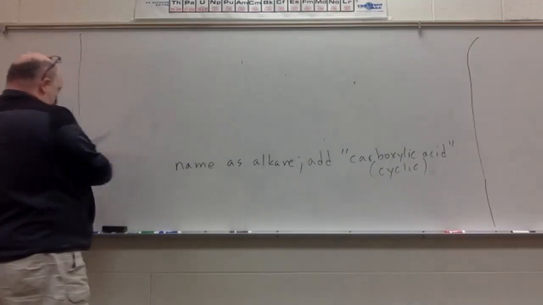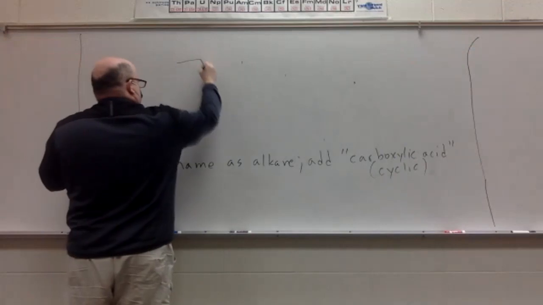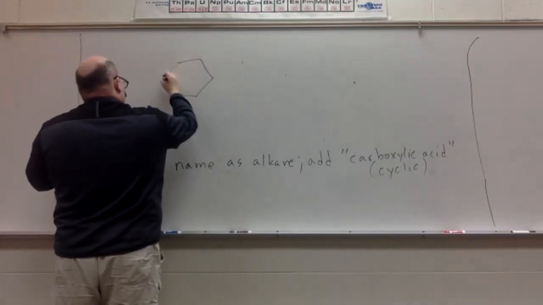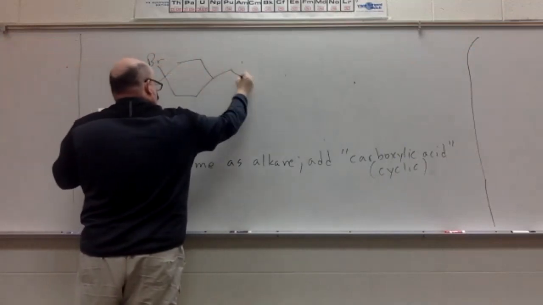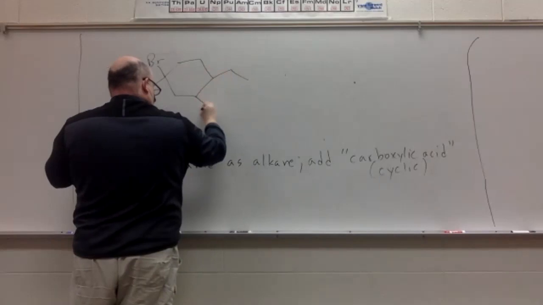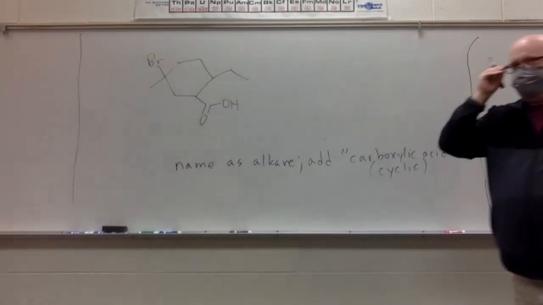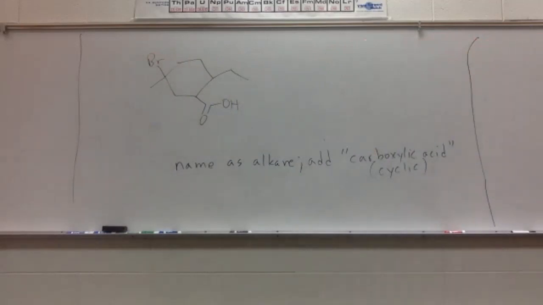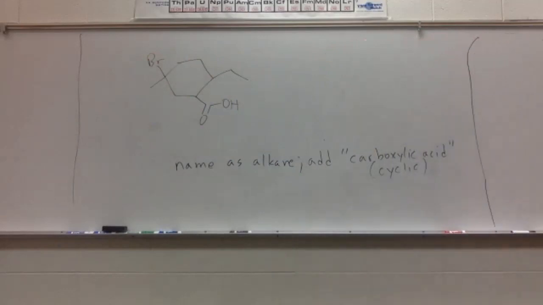So if we had something like this, with lots of stuff on this ring, that's a cyclic carboxylic acid. What's the parent name going to be? Cyclohexane.